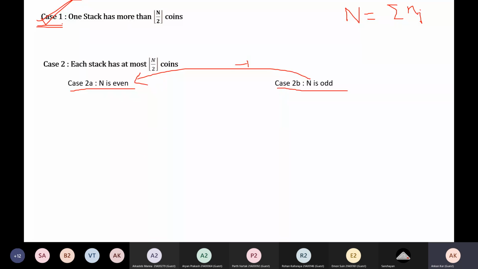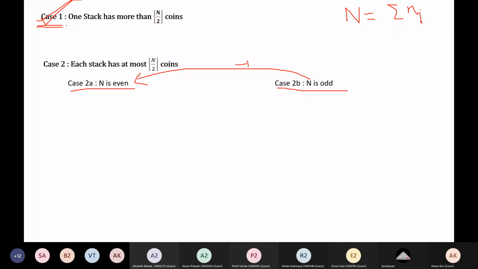Then you will definitely get one coin in two stacks, right? We are saying that there will come a point when there are two coins, but it can't be two in one stack because then it will be case one. So that is why it's one in each.